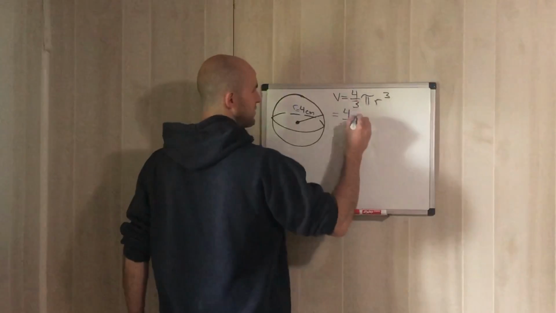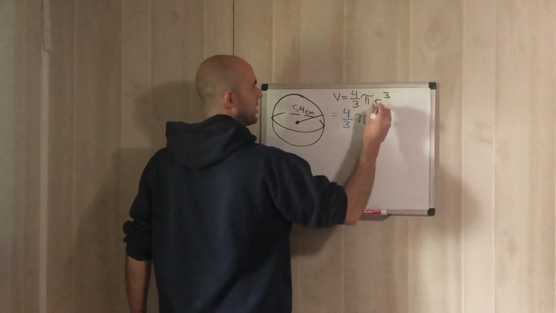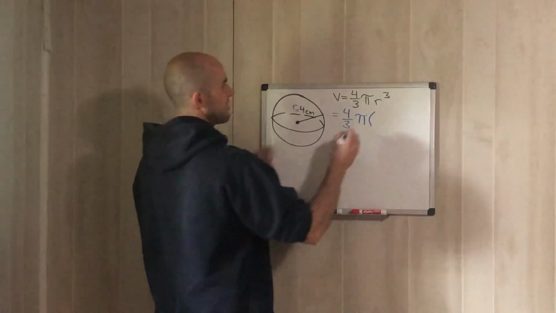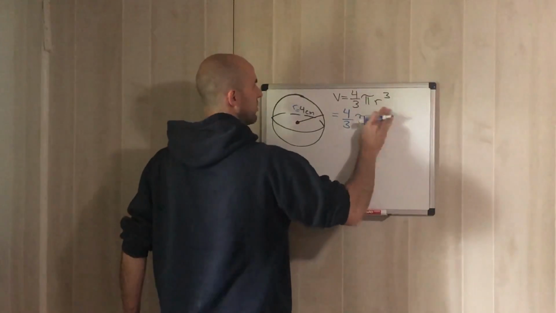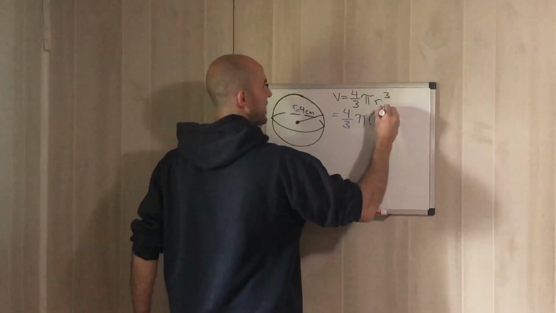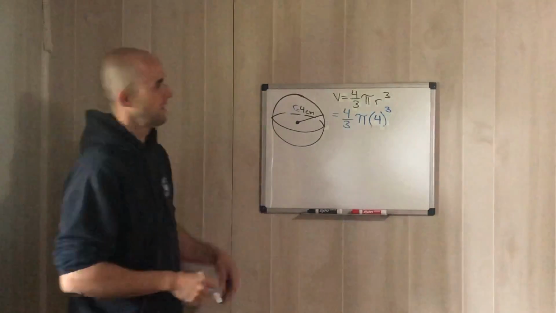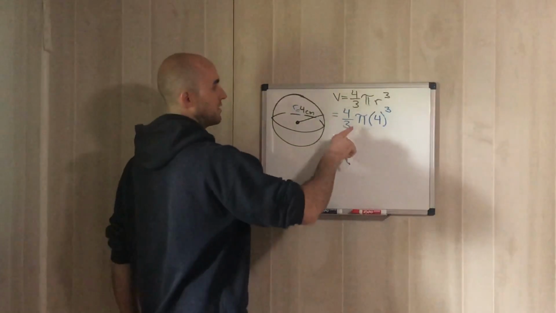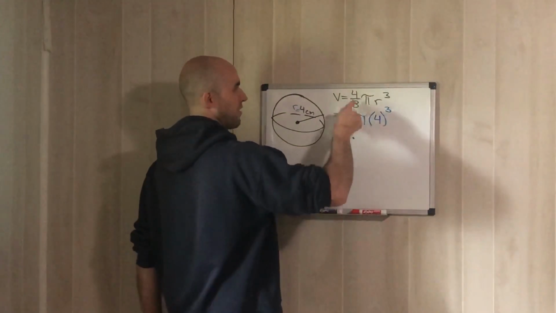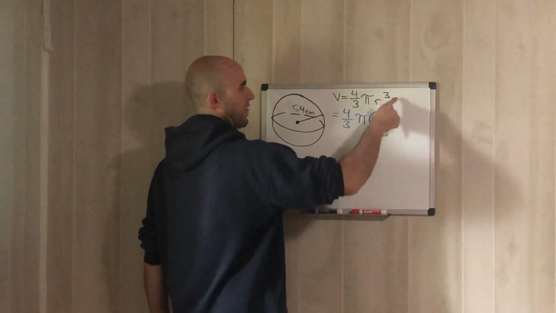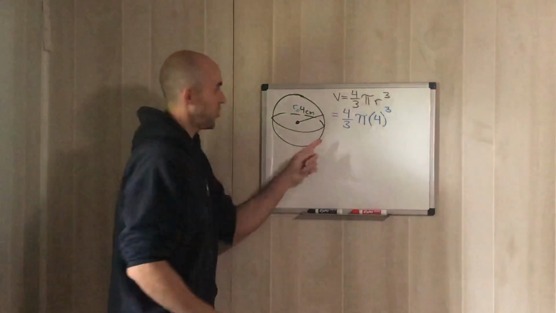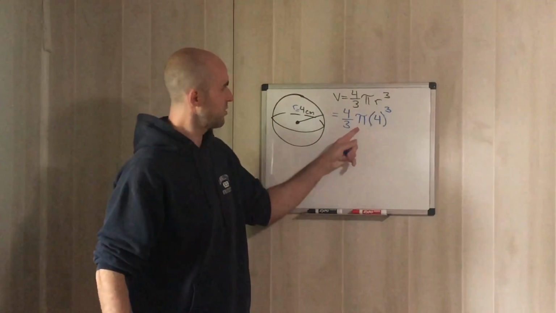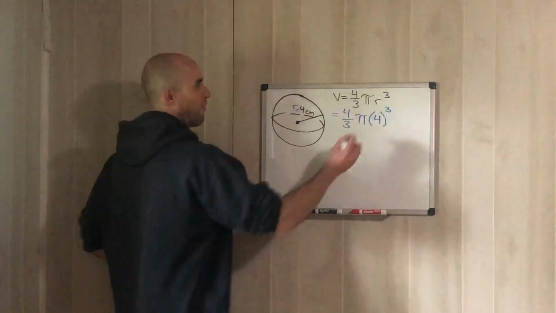You have 4/3, you have pi, we know that the radius here is 4, and we have the cubed, which again, some people may make a mistake with that cube, but I'll show you how to work with it. Again, we did nothing else other than keep everything that we had, the 4/3, the pi, the cubed, but the radius, we know that the radius was 4. So before you deal with the 4/3, you deal with the pi, let's take a look at that 4 cubed.